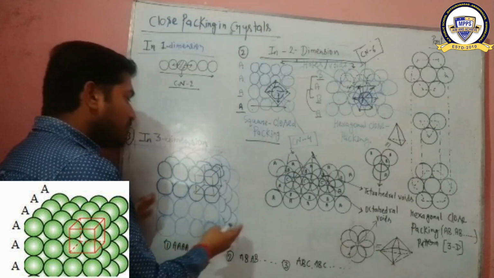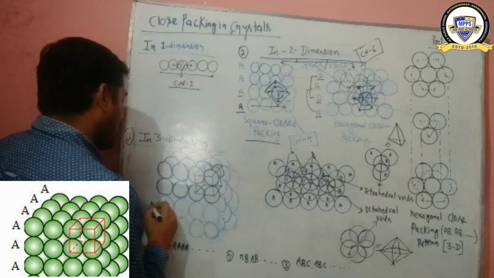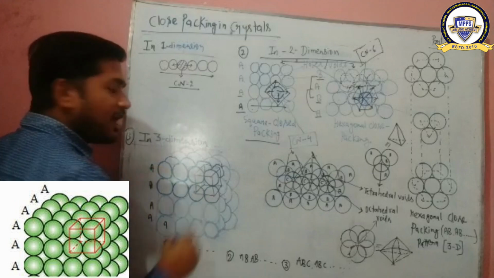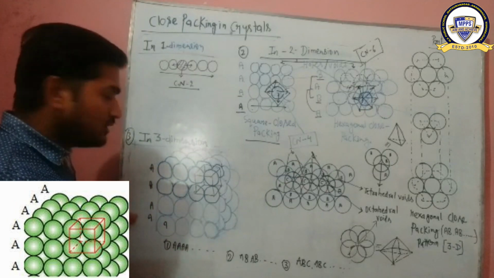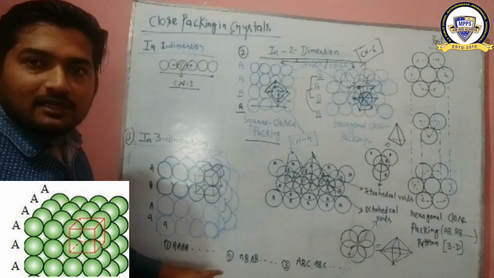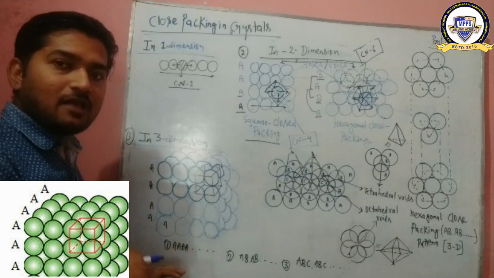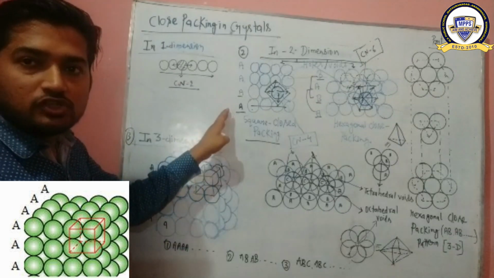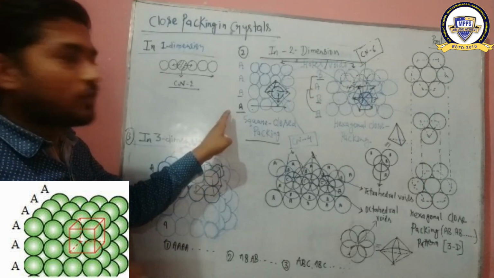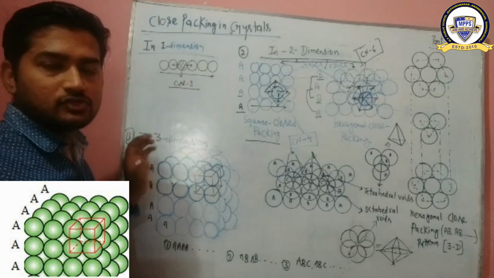In this 3-dimensional structure, all the particles are arranged in a definite manner, and they show AAA type of arrangement, which is originated from square close packing in 2 dimension.